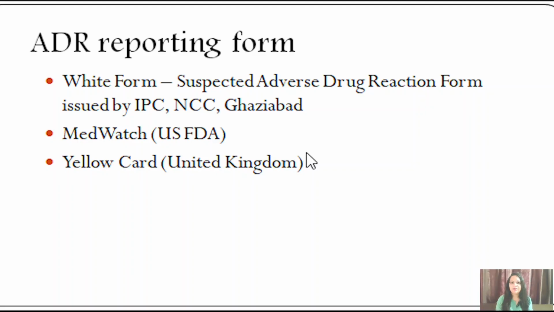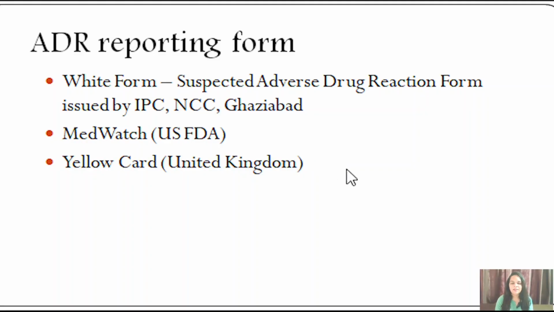In our country, the adverse drug reaction form is a white form, known as the suspected adverse drug reaction form, and this is issued by IPC, the National Coordinating Center in Ghaziabad. In the US, they have MedWatch, their official system for reporting adverse drug reactions.